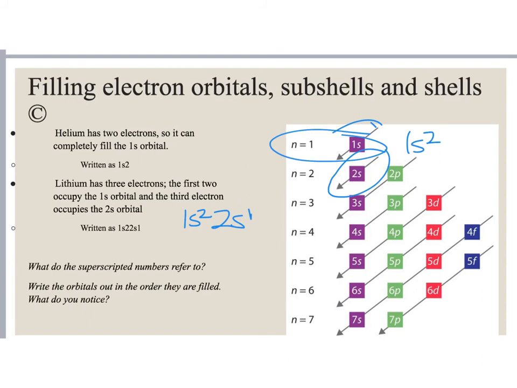That 1 refers to the main shell. The s refers to the subshell, an s subshell. And the superscript 1 refers to the number of electrons within the subshell.